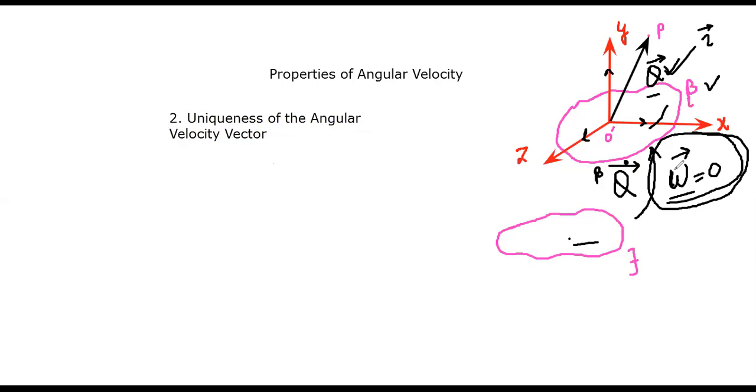Let me take the same. Let's say this is the frame of reference beta. This is frame of reference ground. And we are defining a vector q with respect to the frame of reference beta.